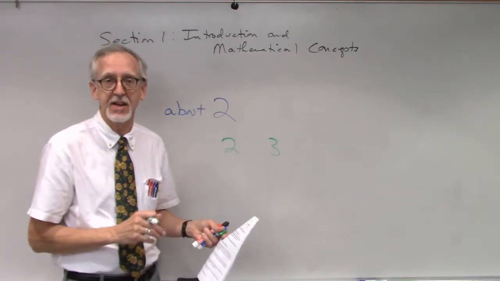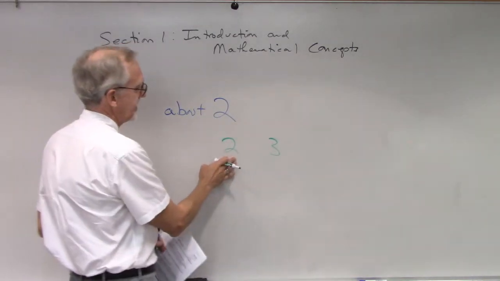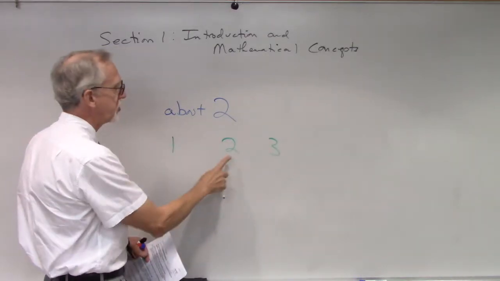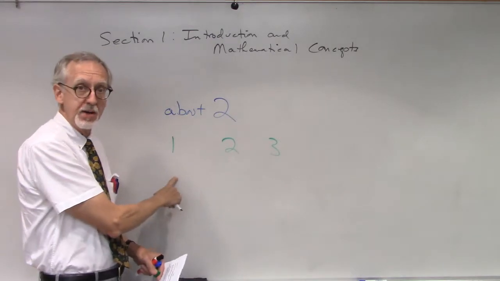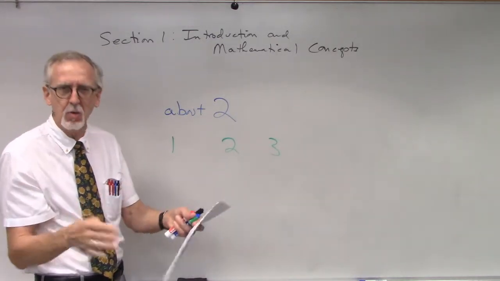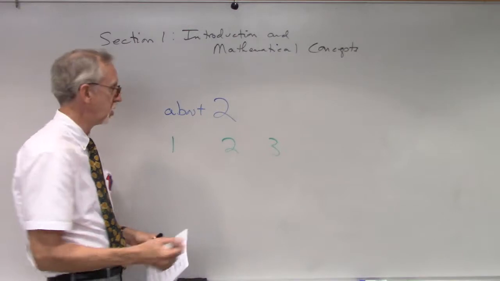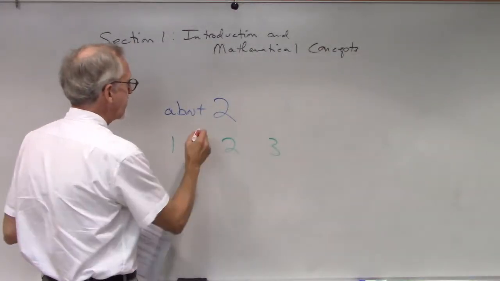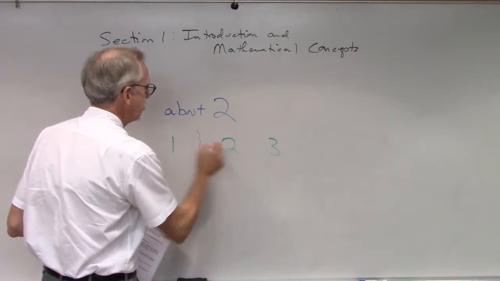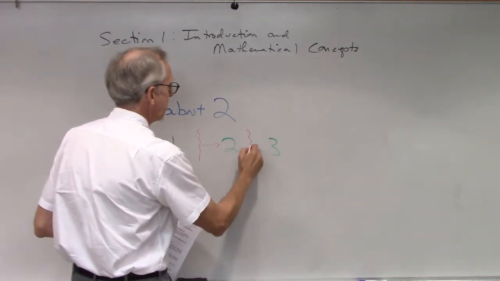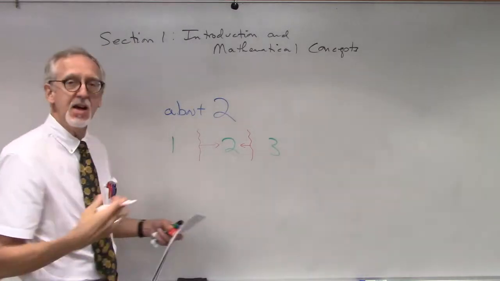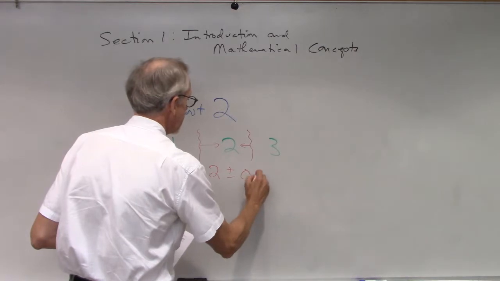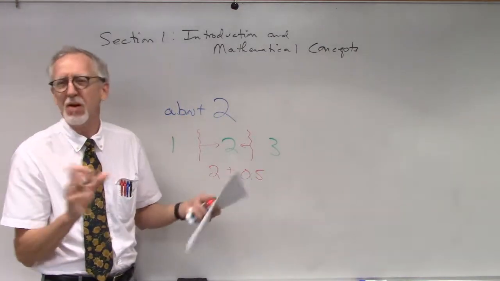Hopefully we're as precise as possible. So let's say it's closer to 2 than it is to 3. Likewise, the measurement is closer to 2 than it is to 1. Likewise, if it was closer to 1 meter long, we would have said the table is 1 meter long. So very approximately, we'll say the measurement is closer to 2 than it is to 1, closer to 2 than it is to 3. In other words, about 2 plus or minus 0.5, roughly speaking.